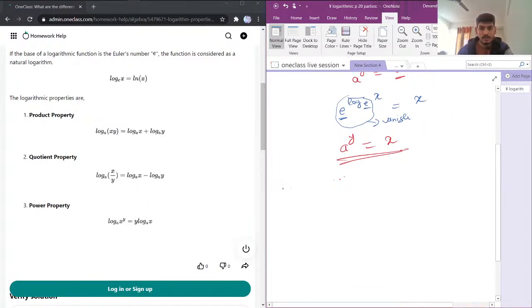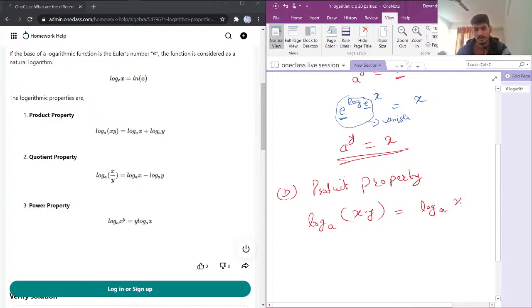So now we'll go for the product property. Log base a of x times y will be equal to log of x with base a plus log of y with base a.